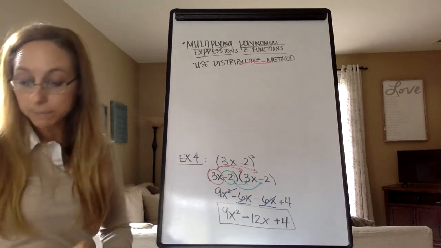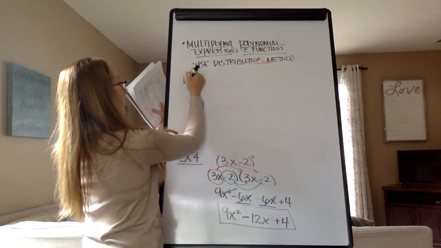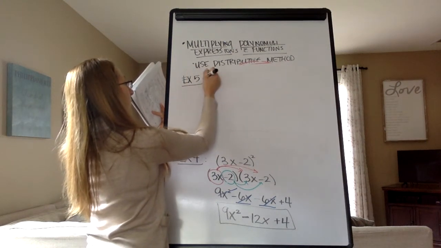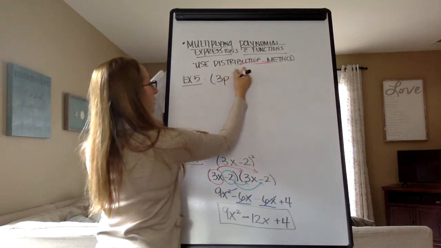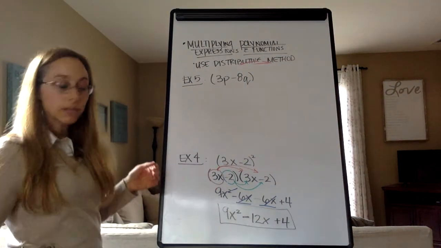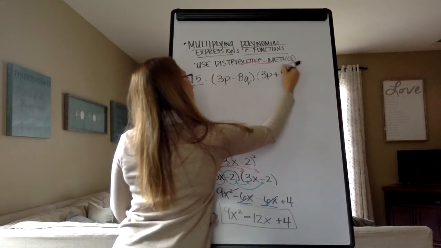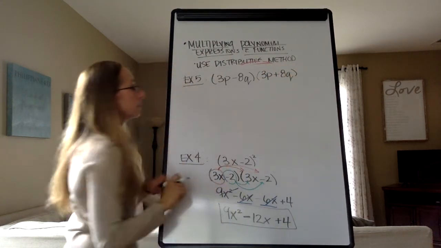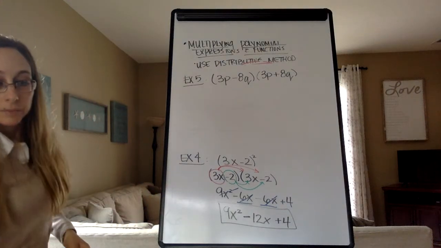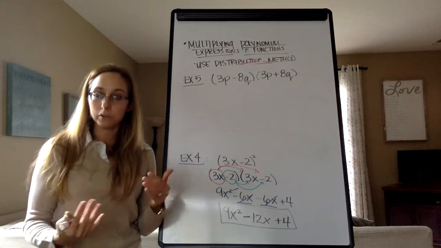So let's look at 3p minus 8q times 3p plus 8q. Okay, so again, we have a binomial times a binomial.